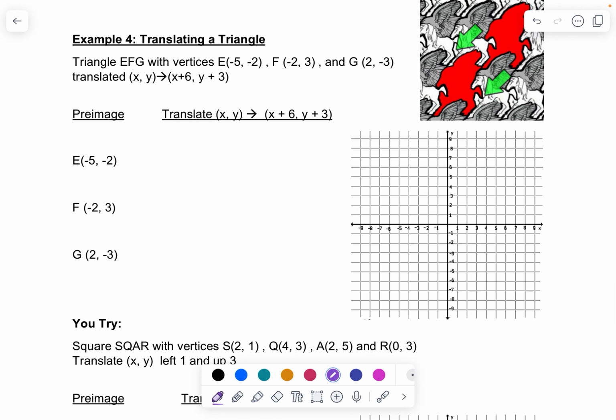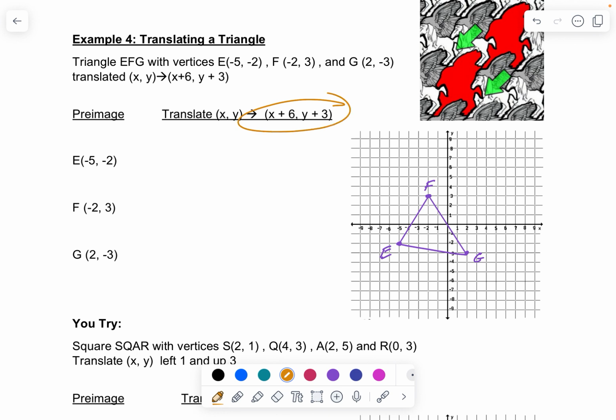Let's see, -5, -2, that's our E. -2, 3, F. 2, -3, G. So here we go, that's E, F, G. All right, so now we're going to translate this. This is saying it's going to go right 6, up 3.